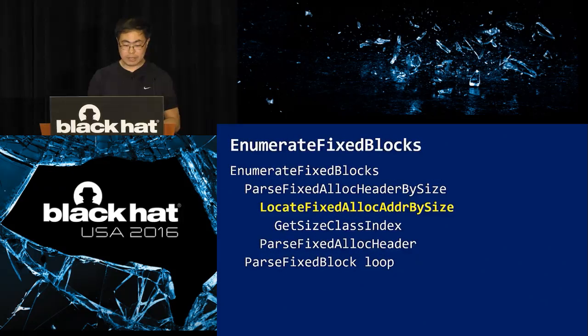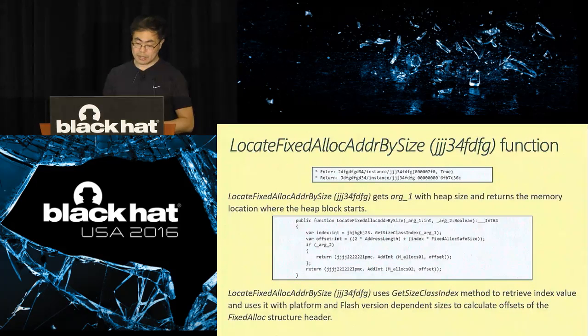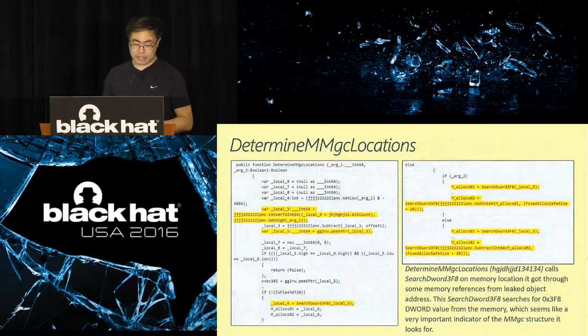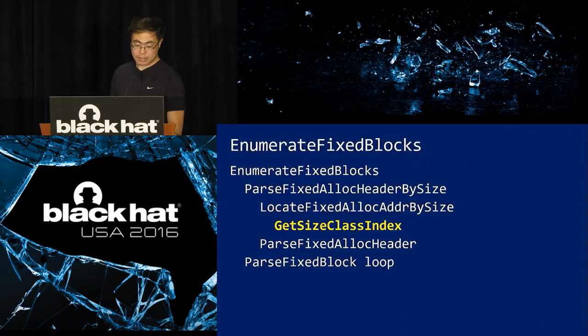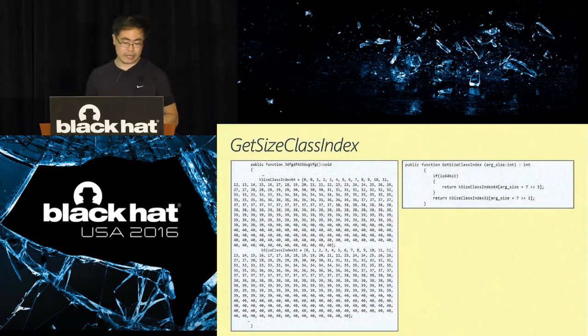parseFixedAllocHeaderBySize will call locateFixedAllocHeaderBySize. The code looks like this, but you don't need to try to understand it here. Some predefined constant values are determined here. And here is a very interesting part: getSizeClassIndex is a kind of offset table used inside the exploit.